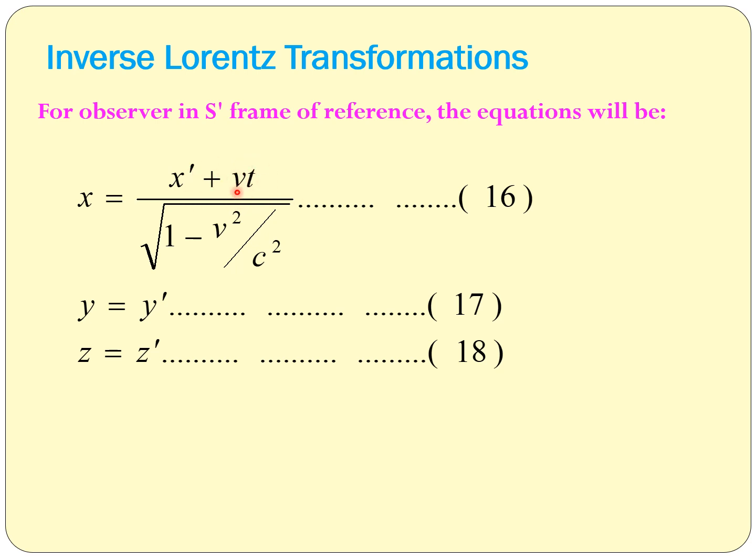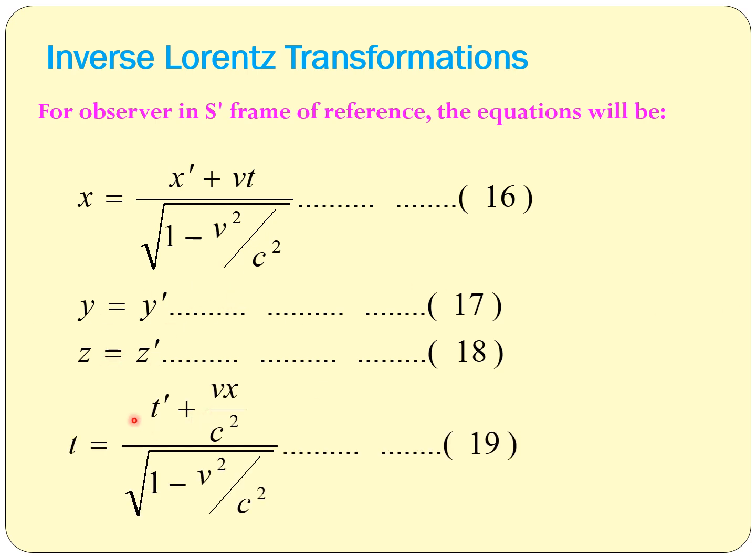So x equals x prime plus bt by under root 1 minus b square by c square. y will be y prime, z will be z prime, and t will be t prime plus bx prime by c square, under root 1 minus b square by c square. So for the inverse transformation, if x prime, y prime, z prime and t prime are given, then we can find x, y, z and t in S using the inverse Lorentz transformations.